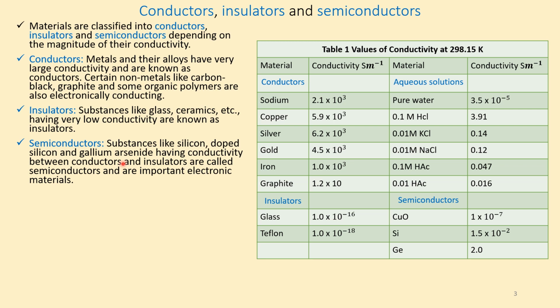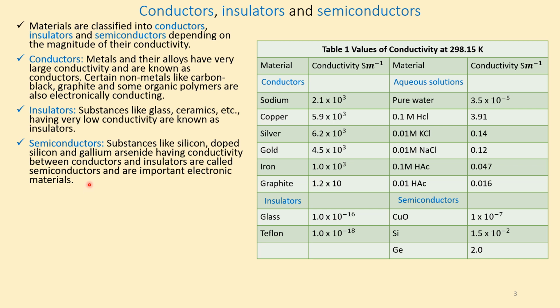Semiconductors. Substances like silicon, doped silicon, and gallium arsenide, having conductivity between conductors and insulators, are called semiconductors and are important electronic materials.